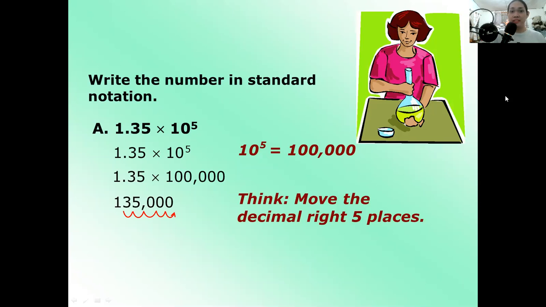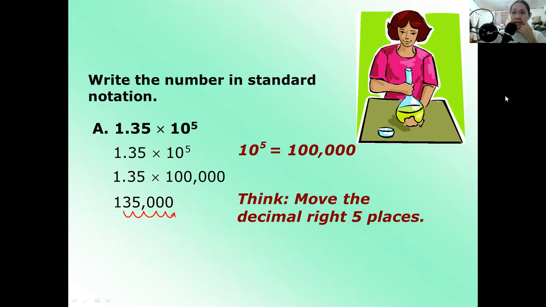We are to write the number in standard notation, so we are not yet in scientific notation. Move the decimal to the right five places, since we are going to write 1.35 times 10 to the power of 5 as standard notation. We are still writing it in standard notation, so please take note. Since the exponent is positive, move the decimal to the right 5 places.